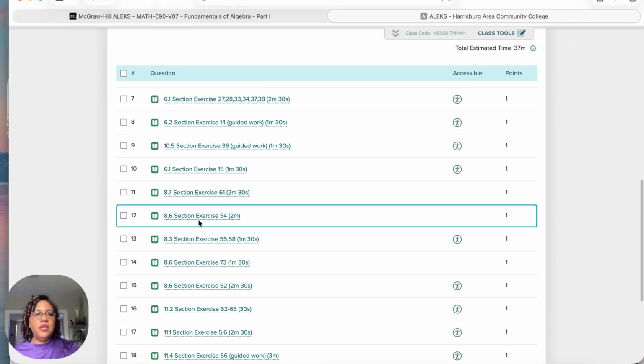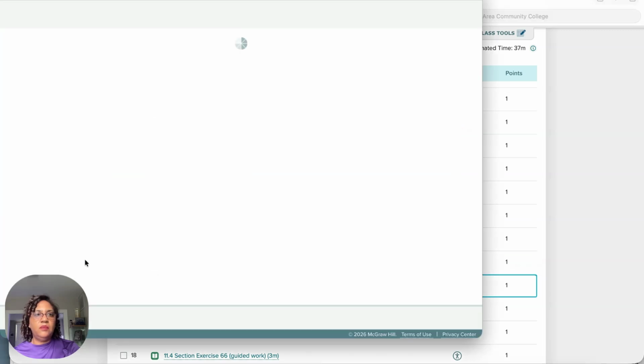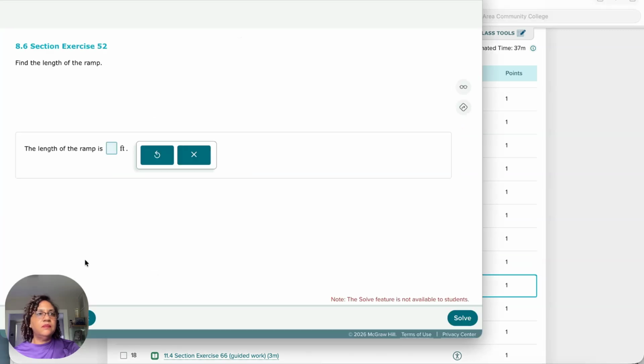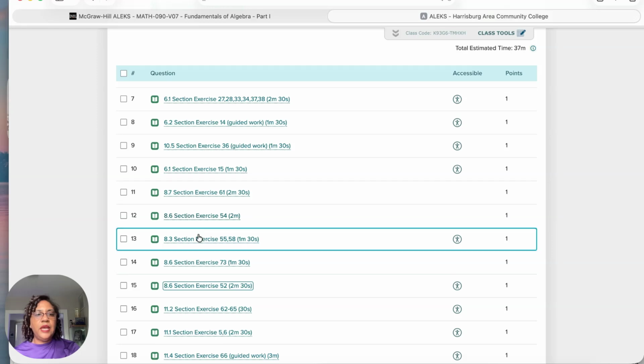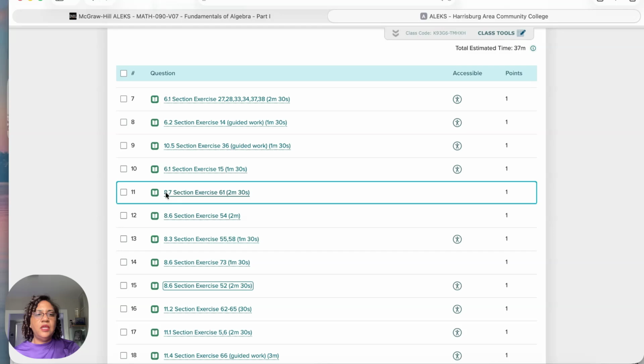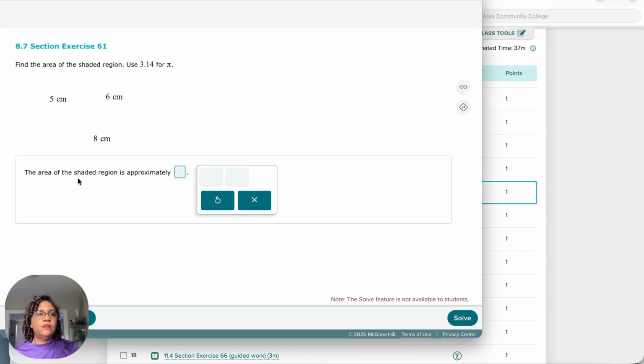So this 6-1. Let's look at 8-6. Oh, Pythagorean theorem. You should have no problem with that. So then we have, I think I already looked at 8-3, 8-7. Find the area of the shaded region.